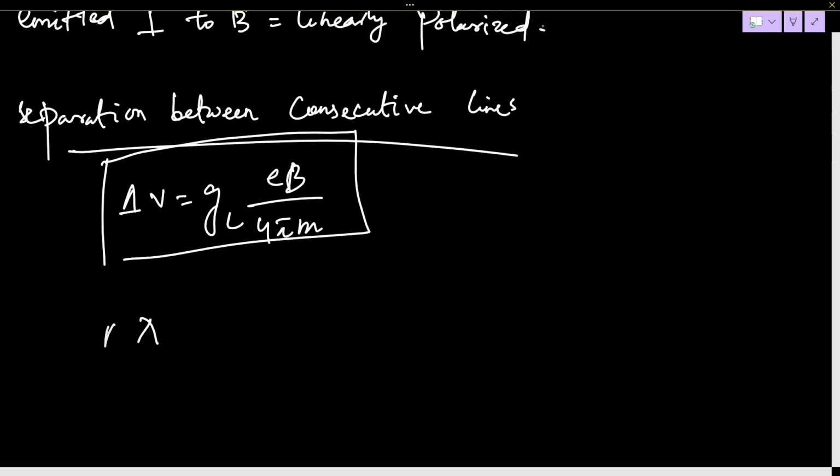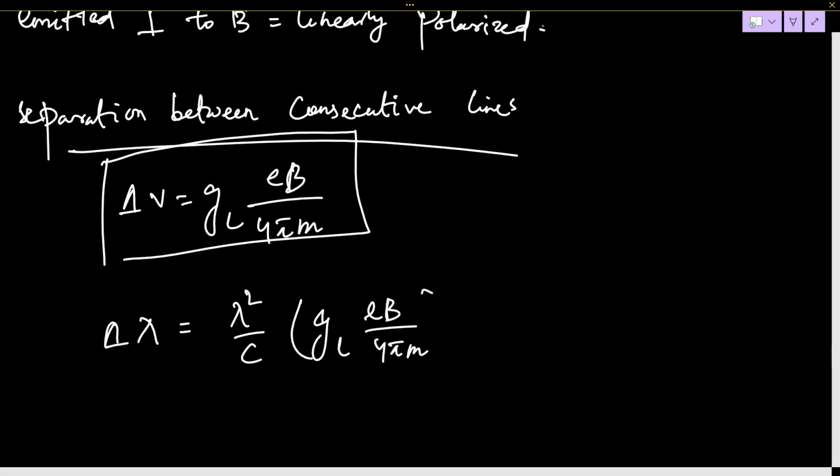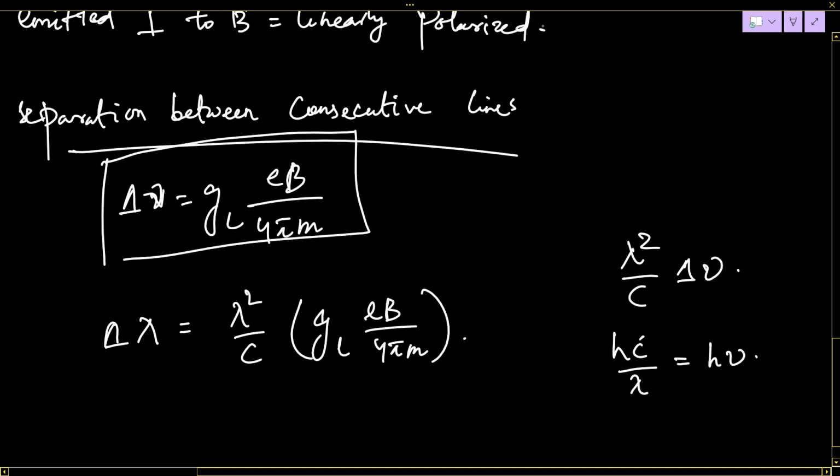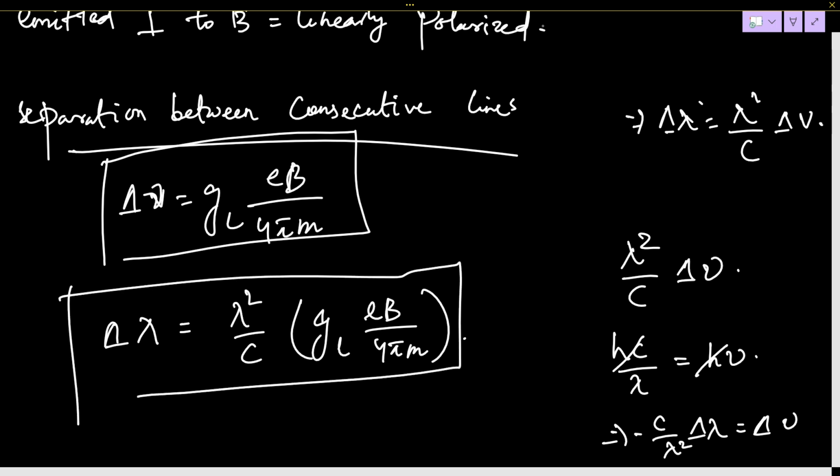Then delta lambda is equal to lambda square by c times delta nu. How? Because h c by lambda is your energy, so minus c by lambda square delta lambda is equal to delta nu. So taking the magnitude, delta lambda is equal to lambda square by c times g_L e B by 4 pi m.